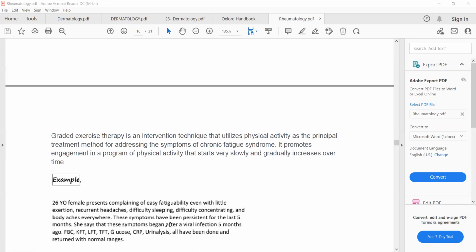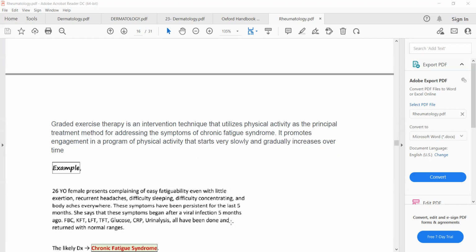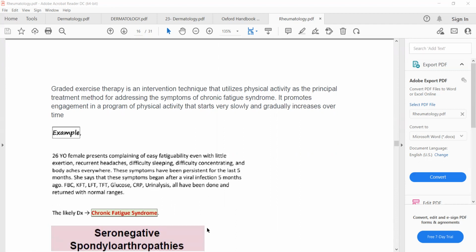She says that these symptoms began after a viral infection. So the symptoms of exertional fatigue started after a viral infection. So it is most likely chronic fatigue syndrome. FBC, KFT, LFT, TFT, all of them are normal. And the diagnosis is chronic fatigue syndrome.